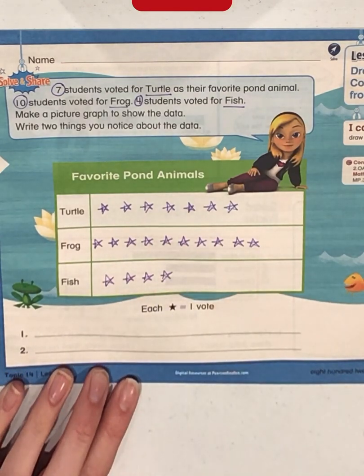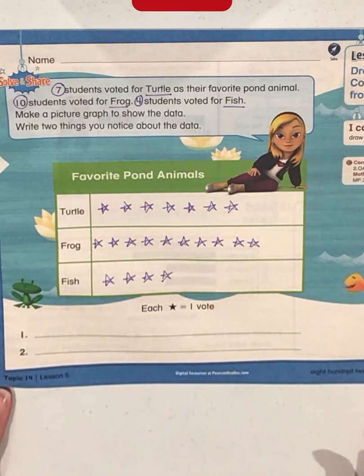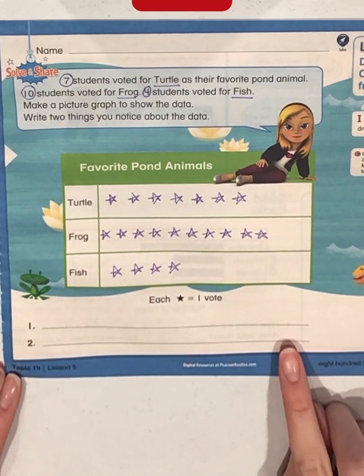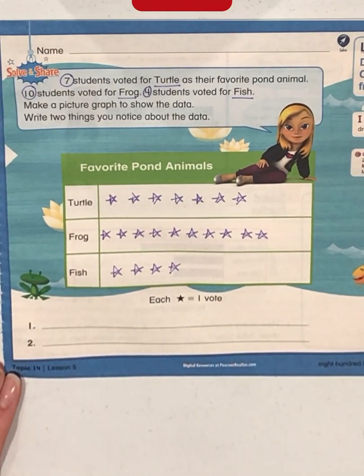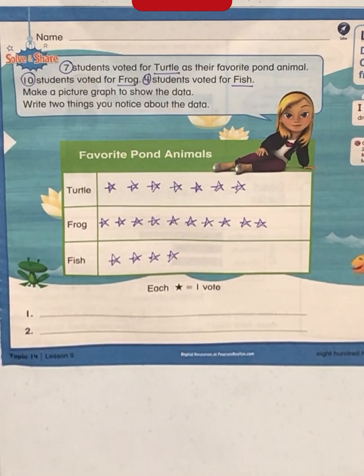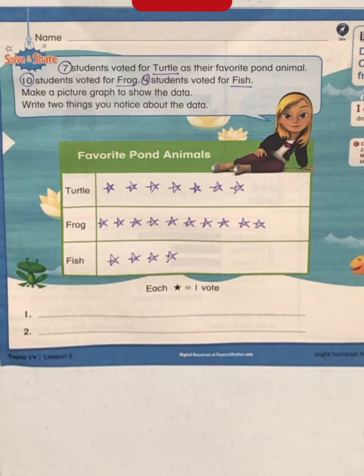Now you can pause your video if you need to, so that you can complete your picture graph before we go down here and make 2 statements. All right, so when you're ready, there's all kinds of conclusions that we could draw from our picture graph up here. You could tell me how many students like turtle and fish all together.